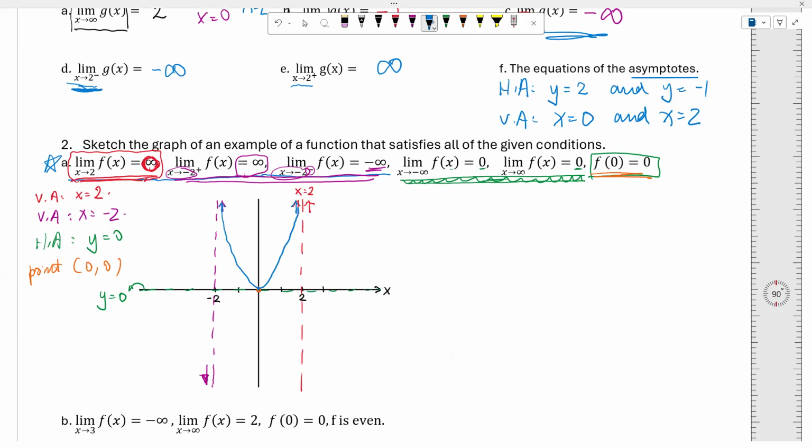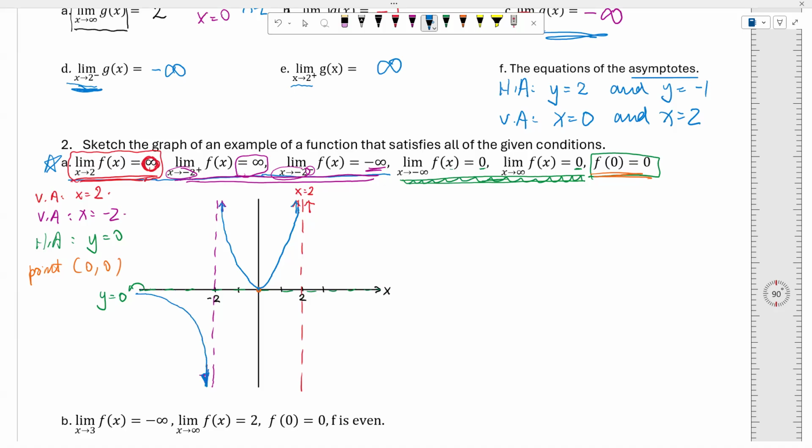And then now let us look at this one. We know that, again, we have a horizontal asymptote. Basically, the function is decreasing from negative infinity, and when it's getting closer and closer to -2, it goes to negative infinity.